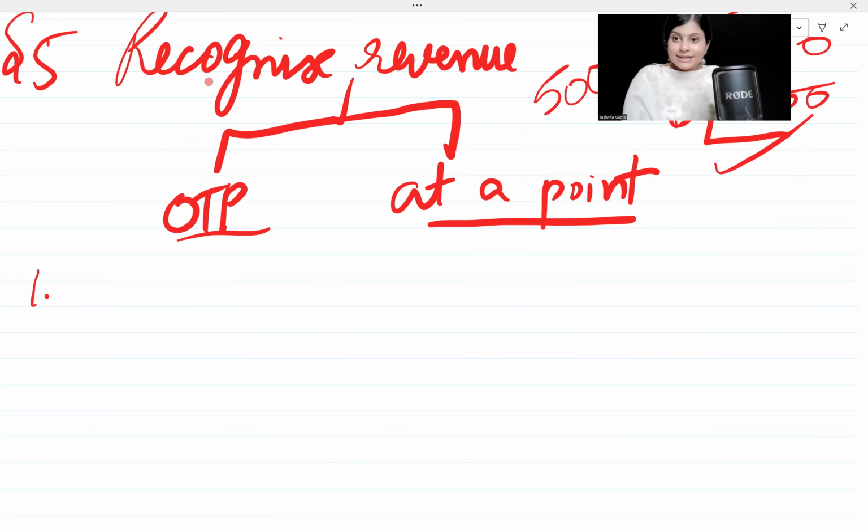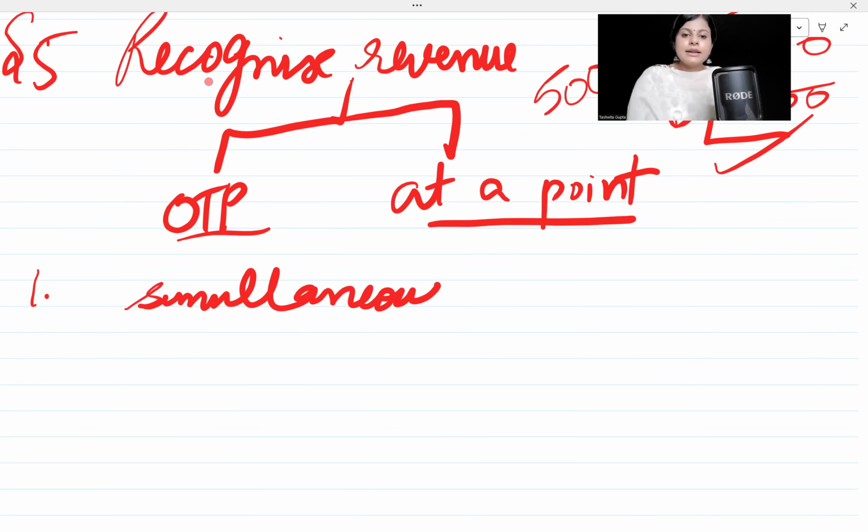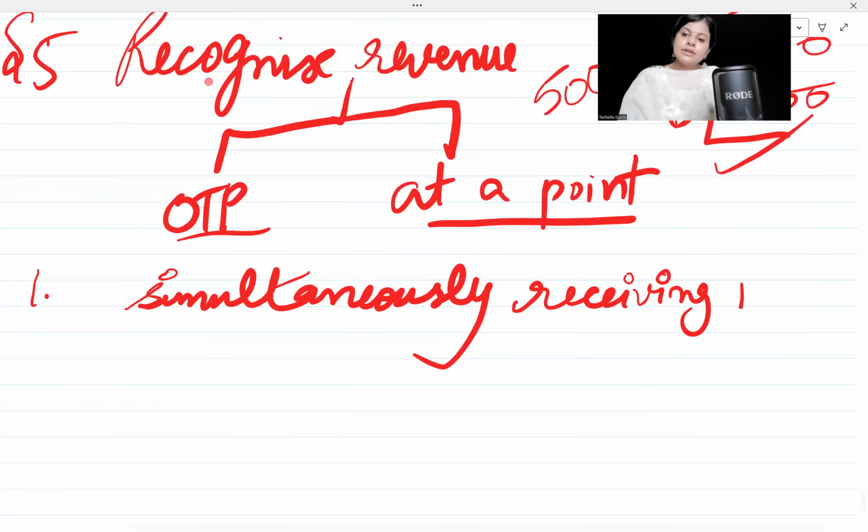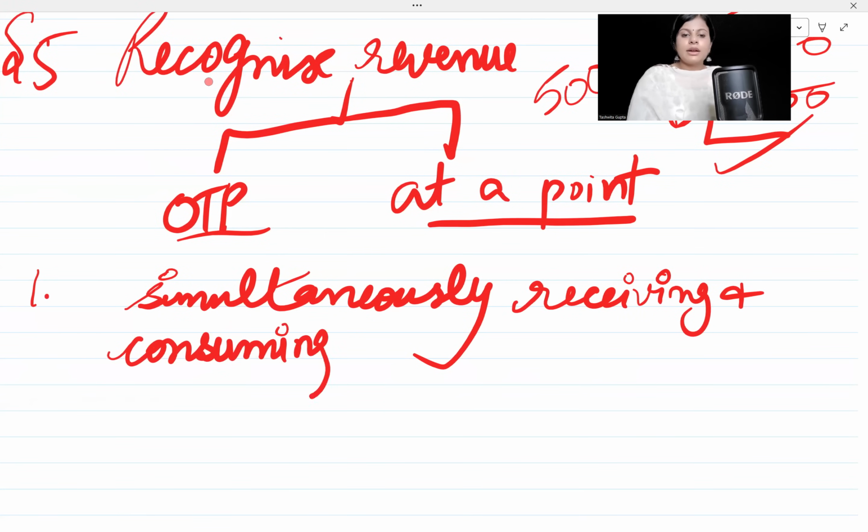the customer is simultaneously receiving and consuming the benefit. What does this mean?